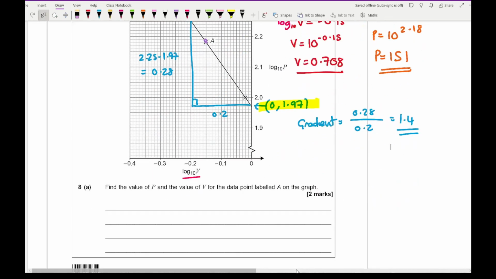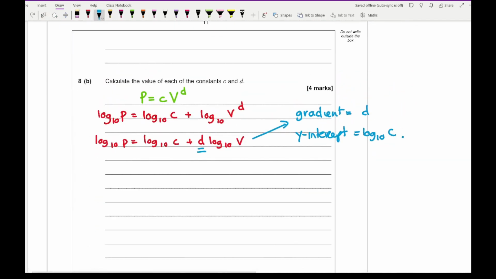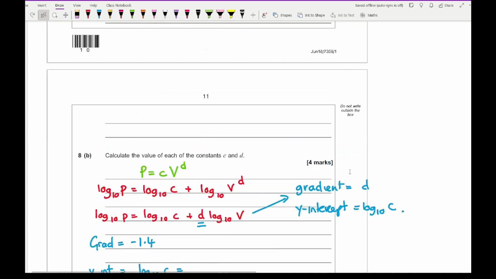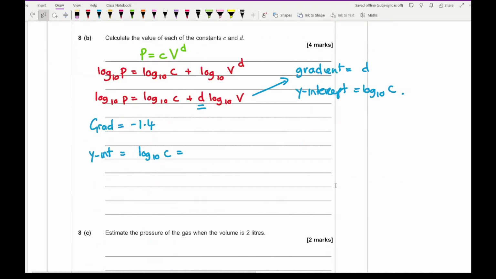So going back to the question, the gradient is equal to minus 1.4 because the line is going down, and the y-intercept, which is log 10 C, I can work out from the graph is at 1.97. So the gradient, D, equals minus 1.4. Let's put a little bubble around that.